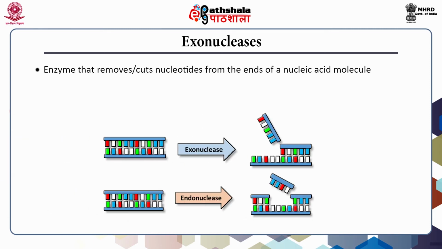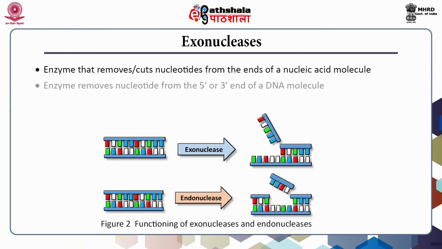Exonucleases remove or cut nucleotides from the ends of a nucleic acid sequence. The enzyme removes nucleotides from the 5' or 3' end of a DNA sequence. Unlike endonucleases, these never produce internal cuts within the DNA molecule.